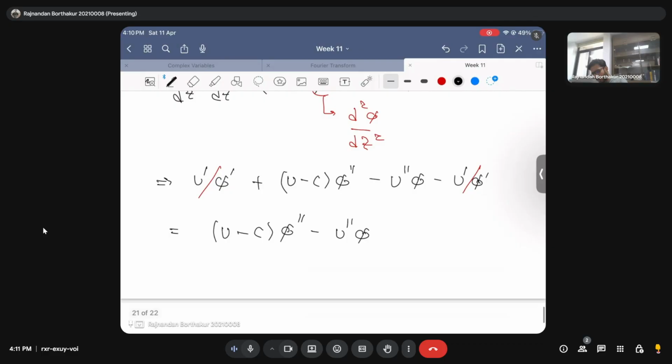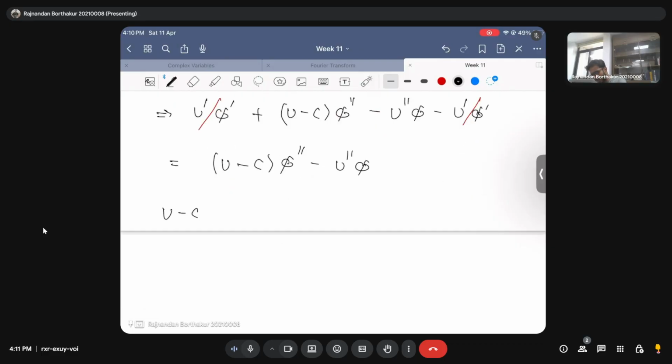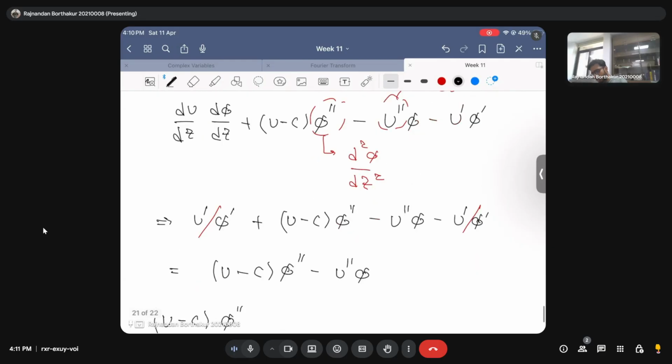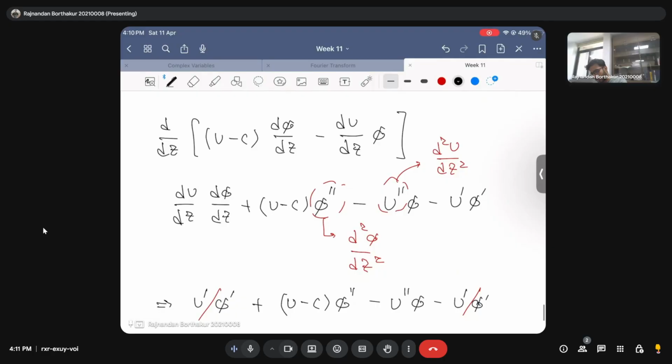That's the derivative. And now I subtract this term, u minus c times phi double prime. Remember there is a pressure here, because this term is minus.